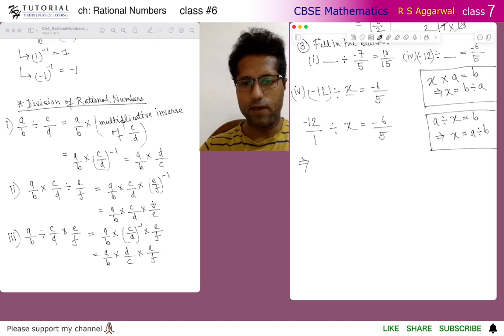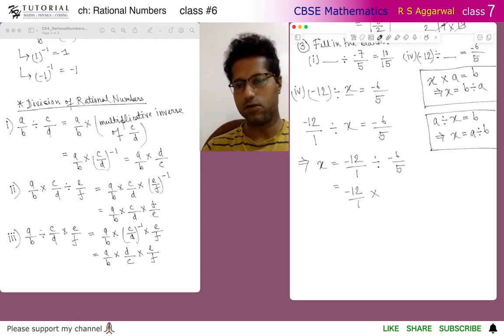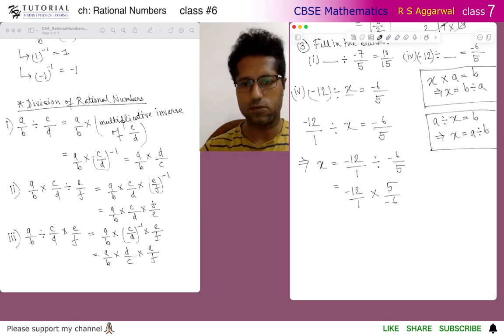So in this problem we have x equals minus 12 by 1 divided by minus 6 by 5. This is nothing but minus 12 by 1 multiplied by the multiplicative inverse of minus 6 by 5, that is 5 by minus 6.